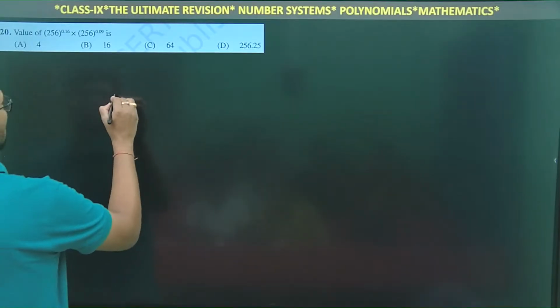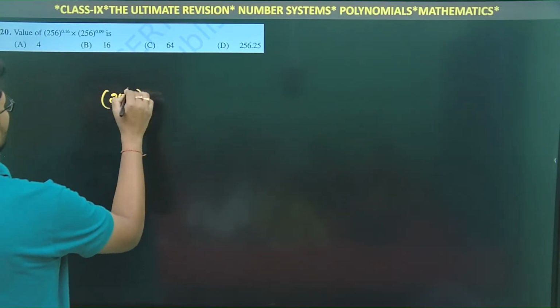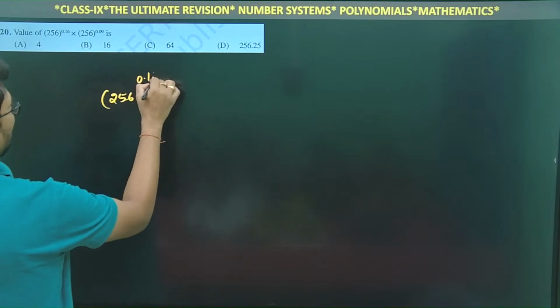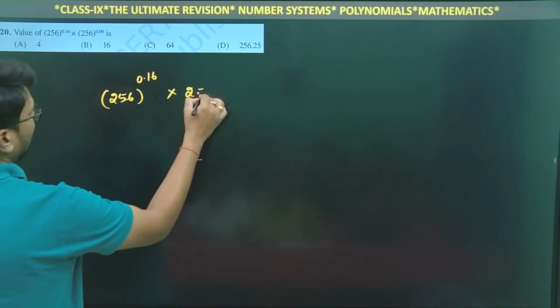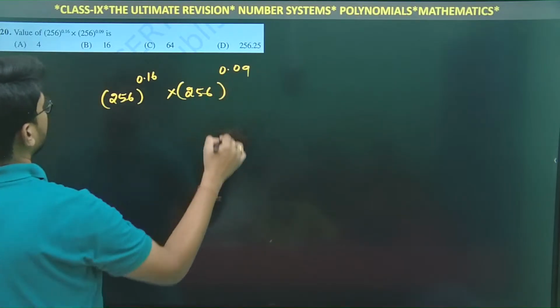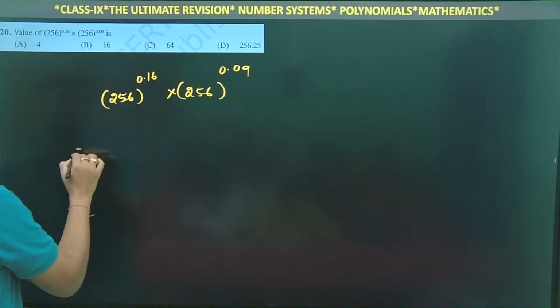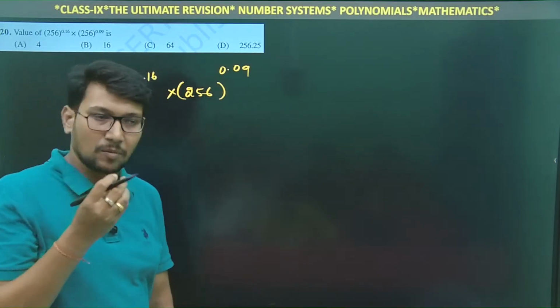What is given? 256 to the power 0.16 into 256 to the power 0.09. This is a question. Though the base is same, we can add the powers.